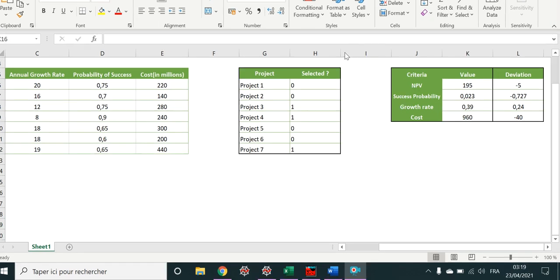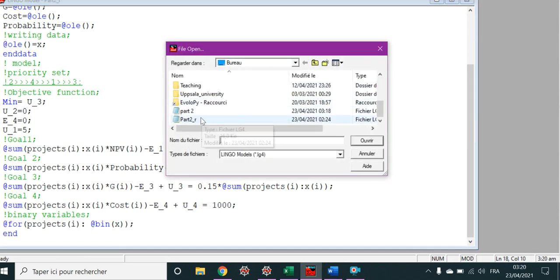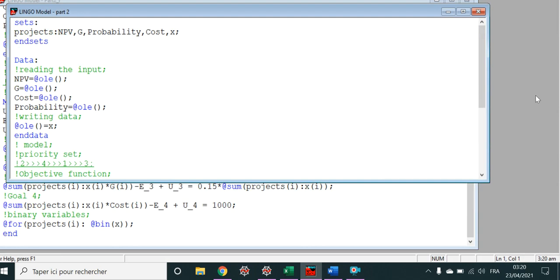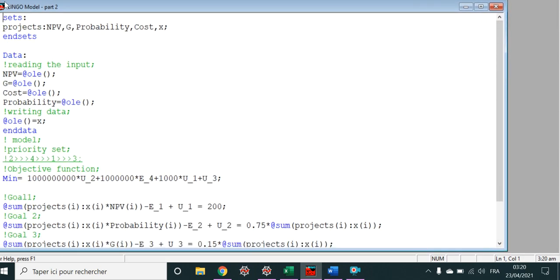Okay, so this was the sequential method, and the other method is called the streamlined or the one-shot method, and here's how we implement it. Okay, so for the goals, we basically do the exact same thing.